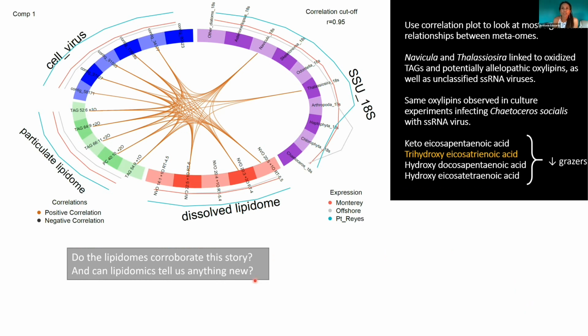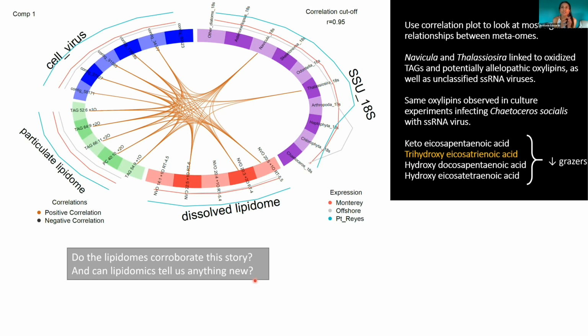So going back to the question of whether the particulate and dissolved lipidome corroborate the original analysis of viral infection being active at Monterey Bay and a recent lysis event in Point Reyes, I would say the overall descriptive analysis certainly does.